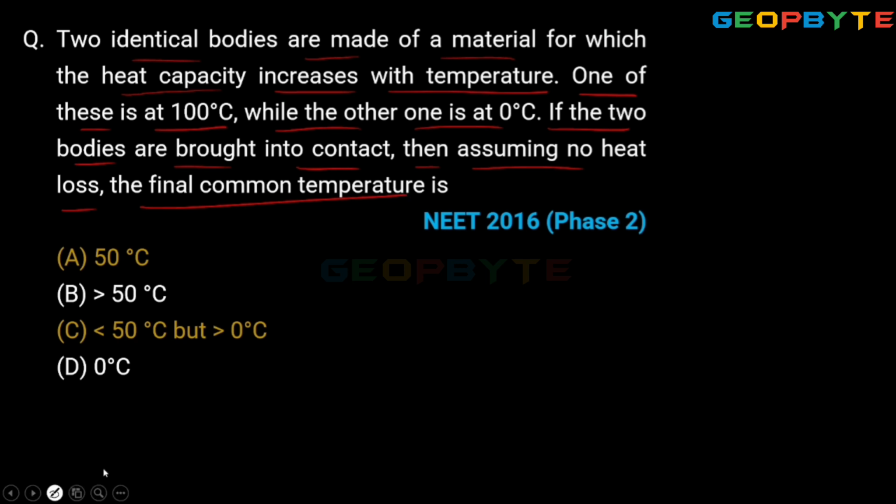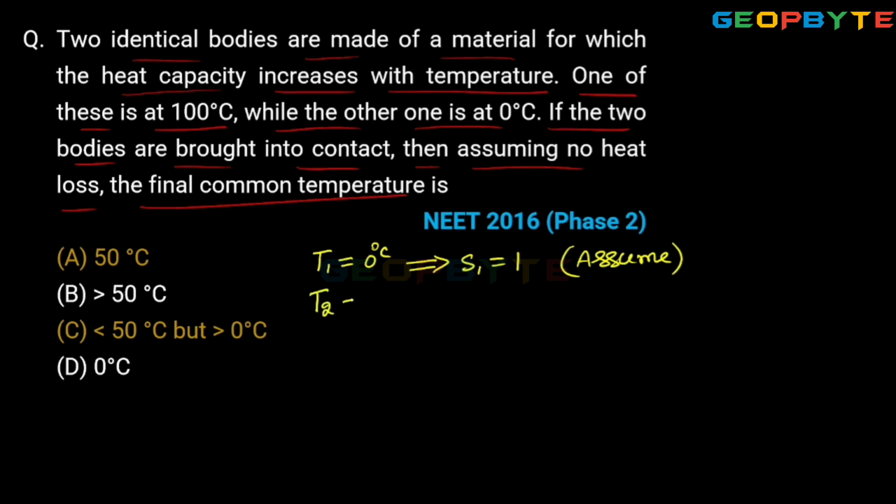Since the heat capacity is increasing with temperature, corresponding to T1 equal to 0 degrees centigrade, let the heat capacity S1 equal 1. It is just an assumption. Since heat capacity is increasing with temperature, corresponding to 100 degrees centigrade, the heat capacity is definitely more than 1. Let it be 2.